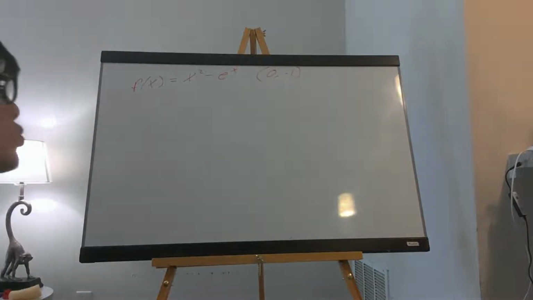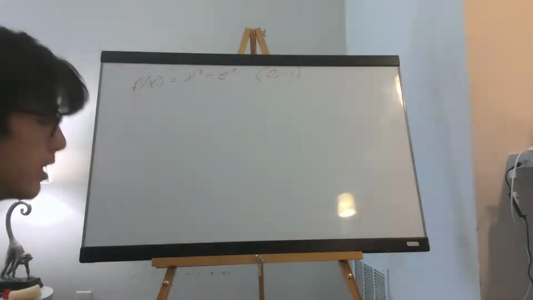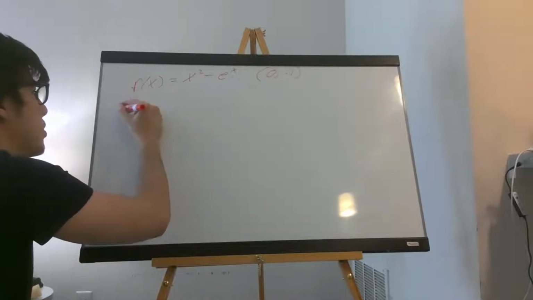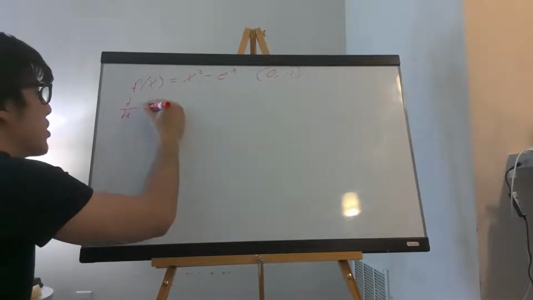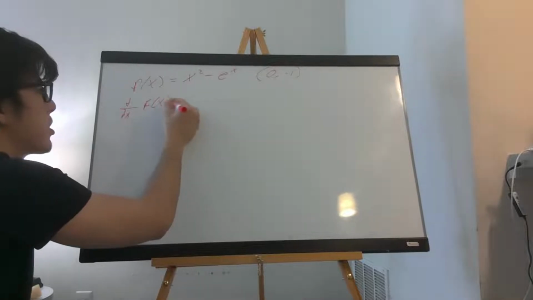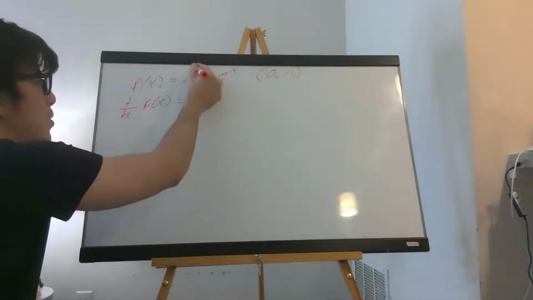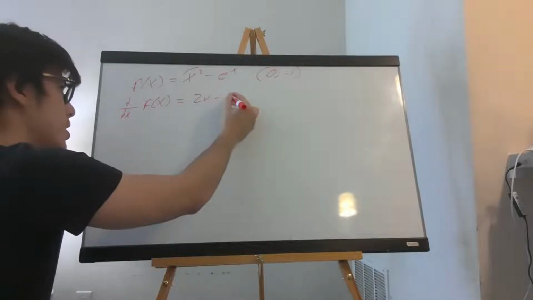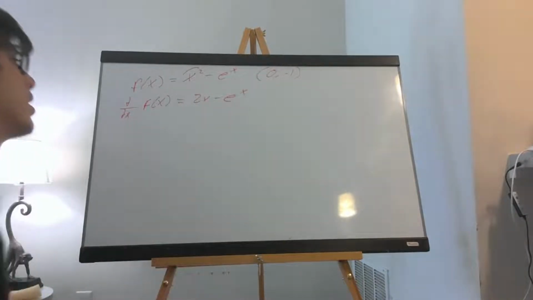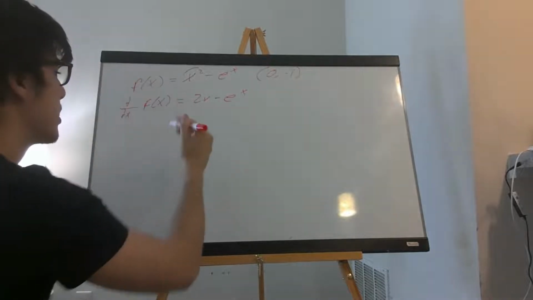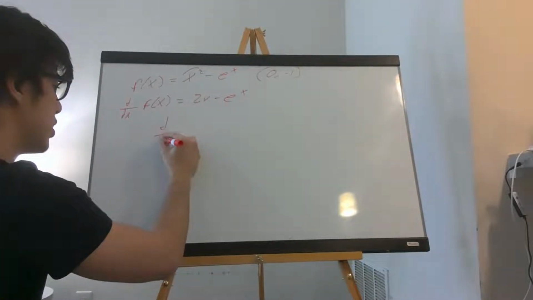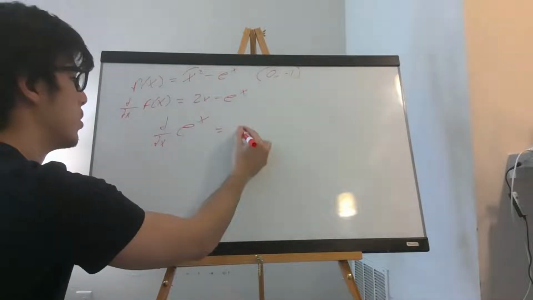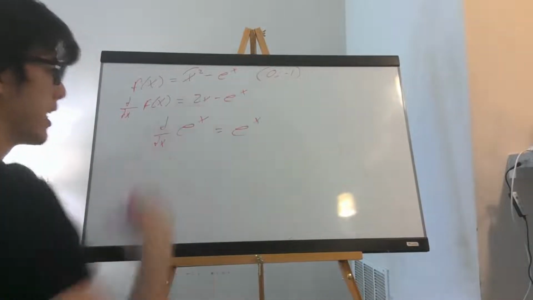The way we are going to approach this is first by taking the derivative. So I'll write it out like this, d/dx for the function f of x equals, power rule, 2x, and then minus e to the x. The reason is, in case you guys are not aware, the derivative of e to the x is always just e to the x.